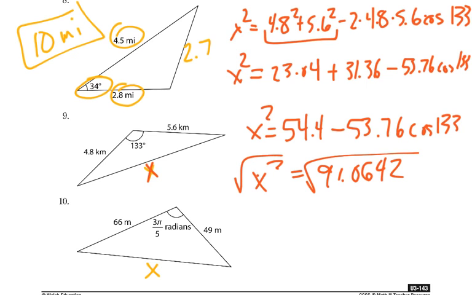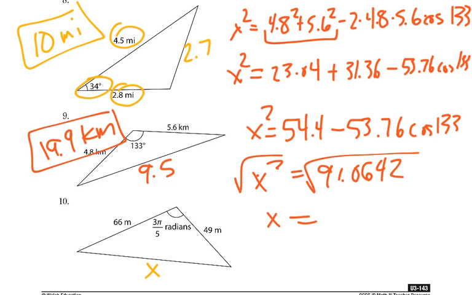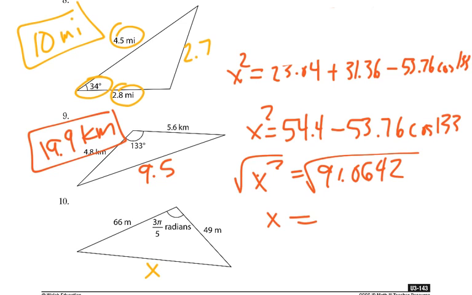Take the square root of it, and we get x equals about 9.54, so 9.5. So the perimeter, 4.8 plus 9.5 plus 5.6 gives me 19.9 kilometers. Would be how much fencing we need. Okay, so either way you do it, it's that same process.